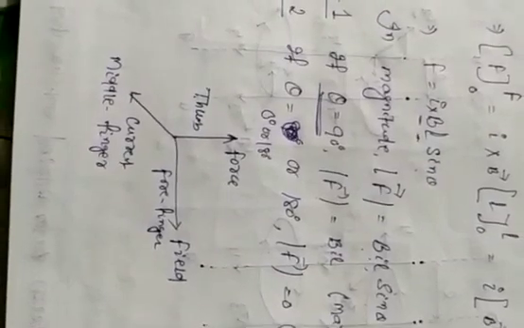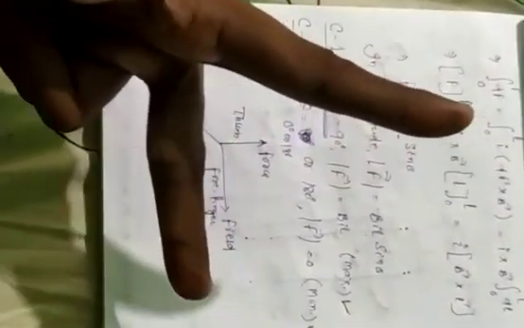Now, we have to find out the direction of that force. The direction of the force can be determined by Fleming's left hand rule. So dear students, the thumb, the forefinger and the middle finger of your left hand are placed in such a way that the three fingers are perpendicular to each other.